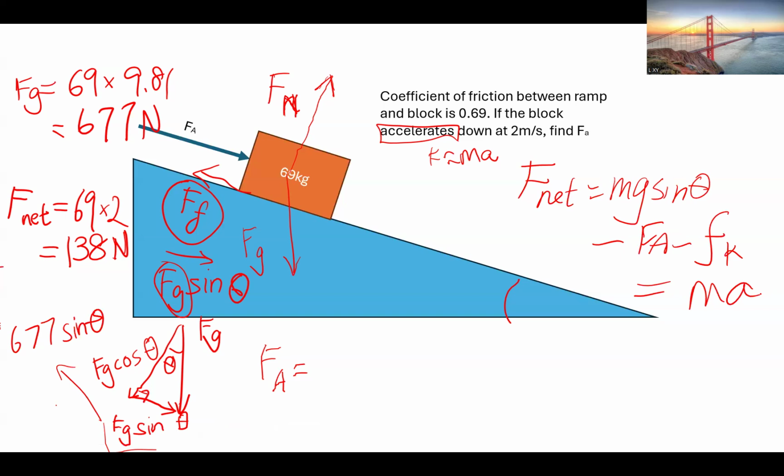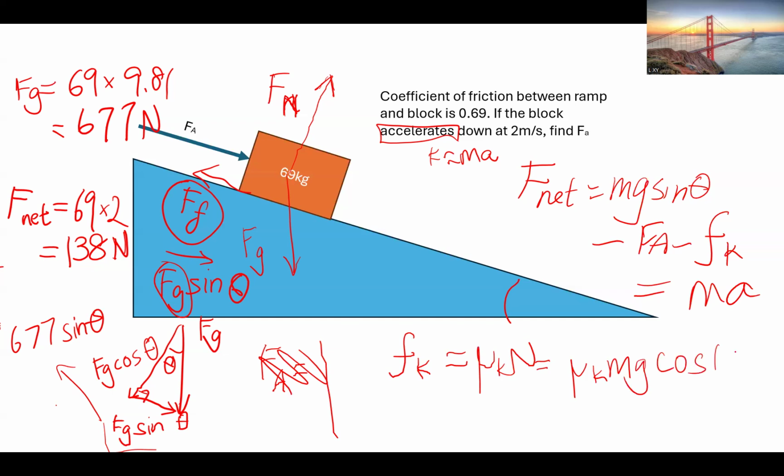And we know that the kinetic friction Fk is equal to the coefficient of friction, the coefficient of kinetic friction, times the normal force, which is mg cosine theta.